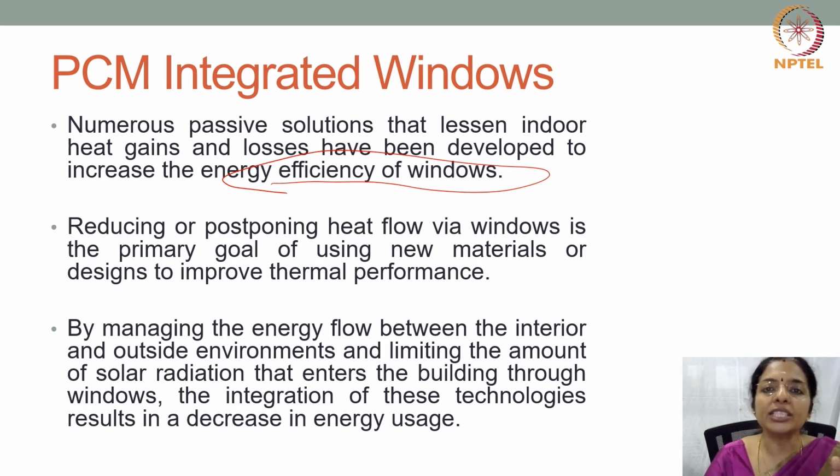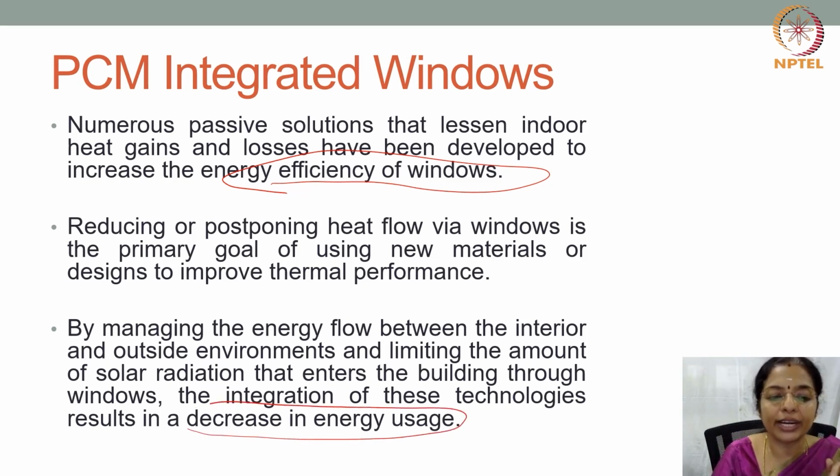By managing the energy flow between the interior and outside environment and limiting the amount of solar radiation that enters the building through the windows, the integration of these technologies results in a decrease in energy usage, which is our main aim.